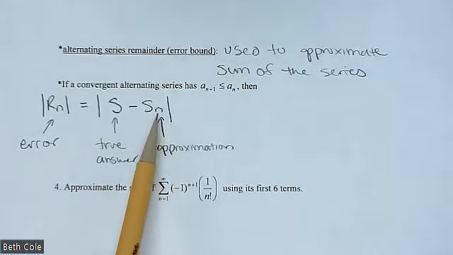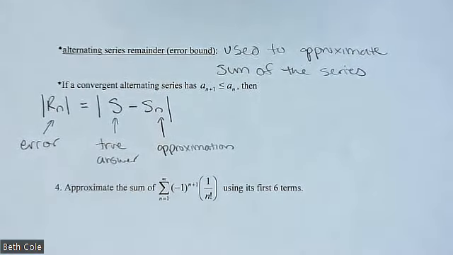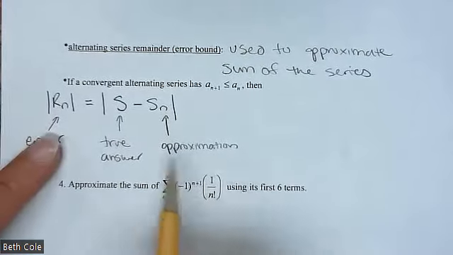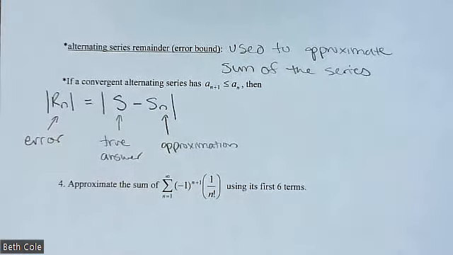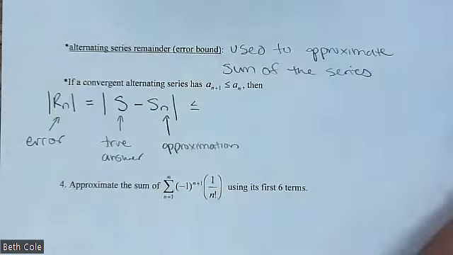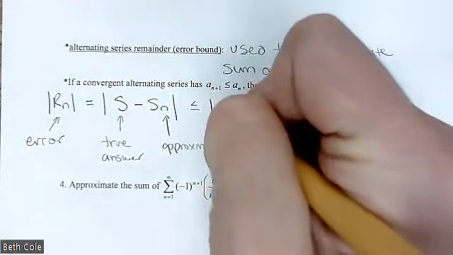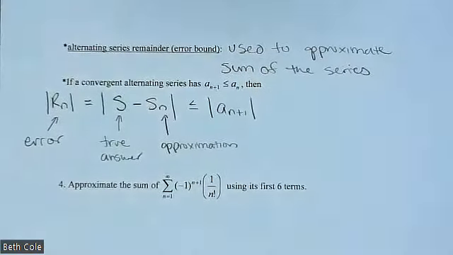S sub n is like we added up n terms. So we added up 3 terms, or 4 terms, or 5 terms, but it stopped somewhere. So what this error bound tells us is this error, like if you subtract these, it's how much you're off by. That is smaller than or equal to the n plus 1th term.